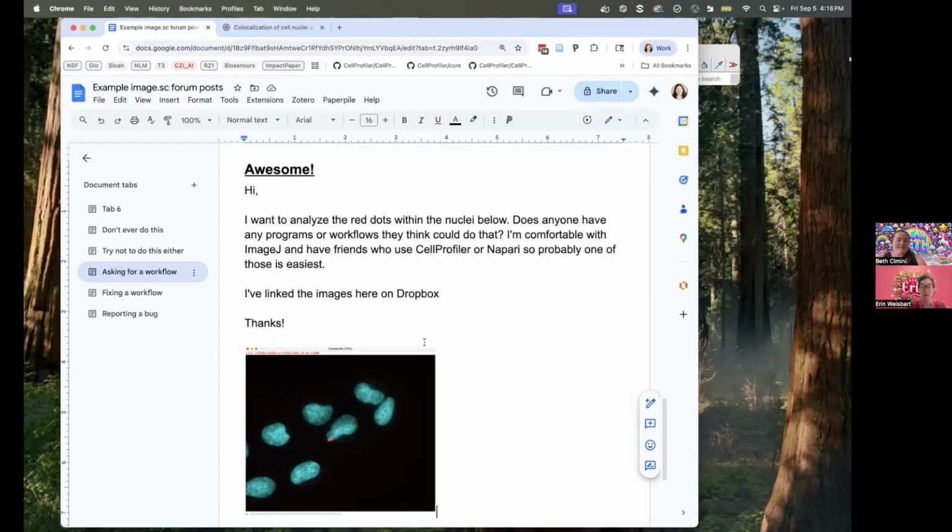So if you want somebody to help you come up with a workflow, it's great to have a screenshot in the web app just to see what the thing is. But linking the images is also really helpful. Oftentimes people will just write you an ImageJ macro or make you a CellProfiler pipeline, if they think that sounds fun. But they can't do that for you if all you've given them is a screenshot.